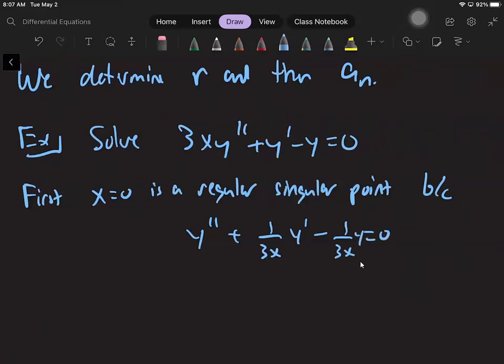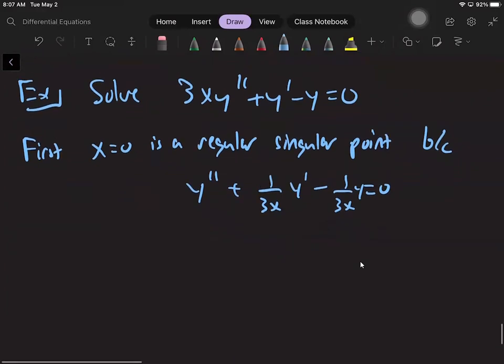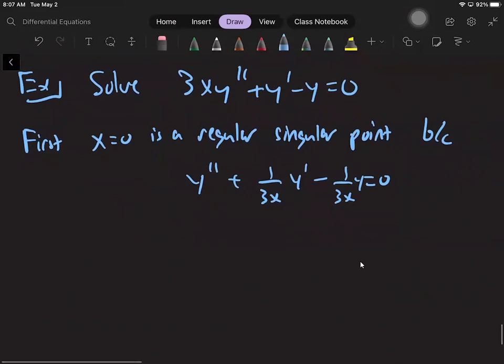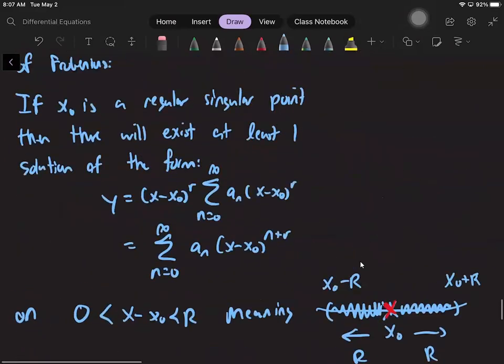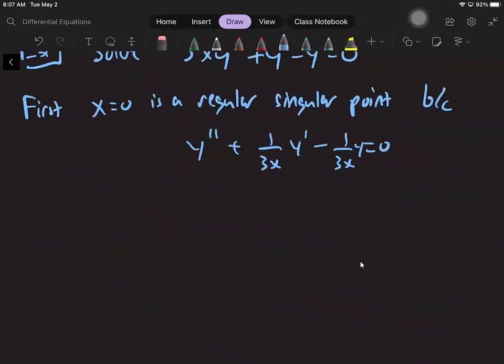Only one power on the denominator of each, which is fine, as long as you don't get 2 in the y prime term and 3 in the y term, then you're fine. Okay. So that means we can guarantee a solution. We just have to do all the work now.